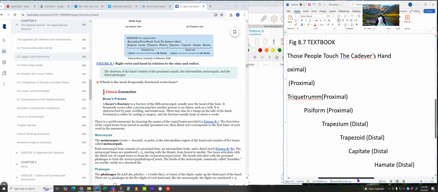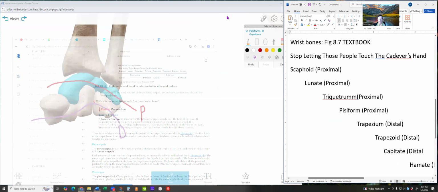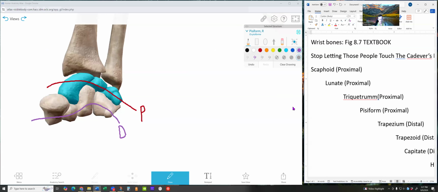So hopefully you get the idea. Go to figure 8.7 in your textbook. Take a look at that mnemonic. Memorize it. Let it help you learn the bones of the wrist, which individually are carpal bones, C-A-R-P-A-L, and as a group are the carpus. Let me go back here.